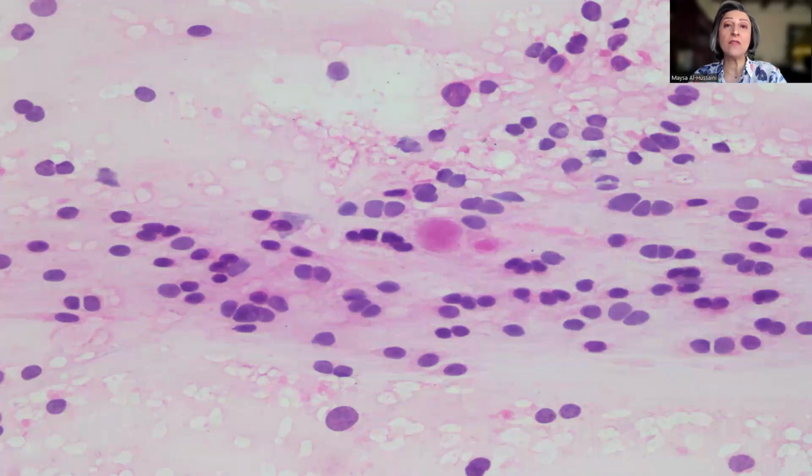And if you pay enough attention, they can be identified in smears. And again, most of the cells show pleomorphism, cells that are large, besides cells that are smaller, enlarged nuclei, but no apoptosis, no mitosis, and no necrosis.